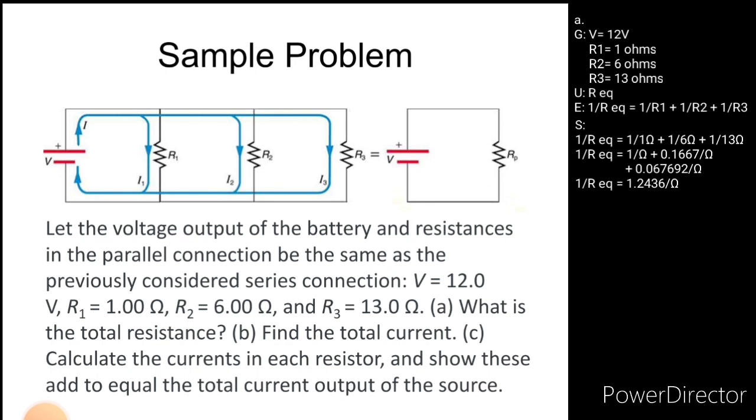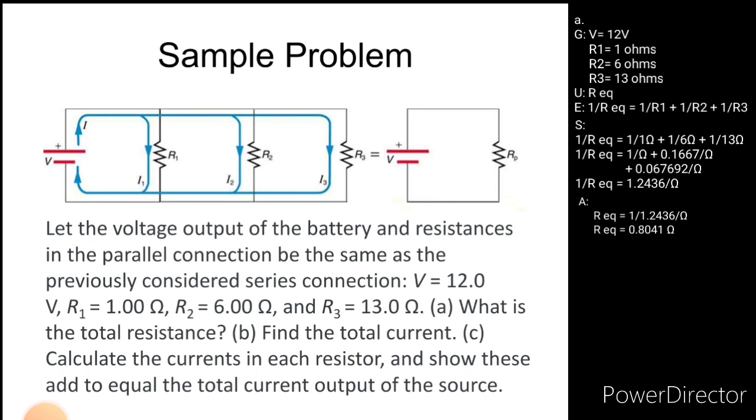Thus, ang kalalabasan niyan, 1 divided by 1 is 1. 1 divided by 6 would be 0.1667. And 1 over 13 is equal to 0.07692. And pag pinag-add natin yung tatlong yan, that would be 1.2436.